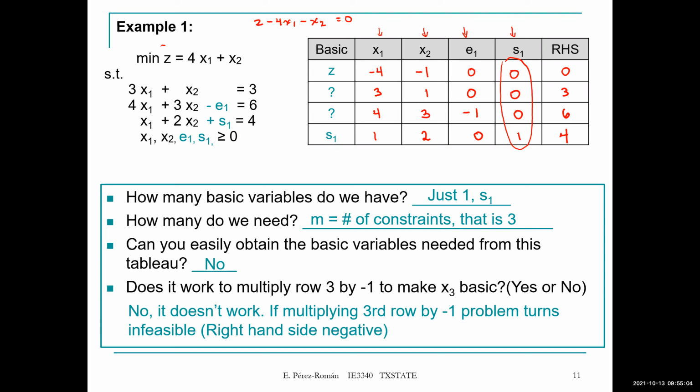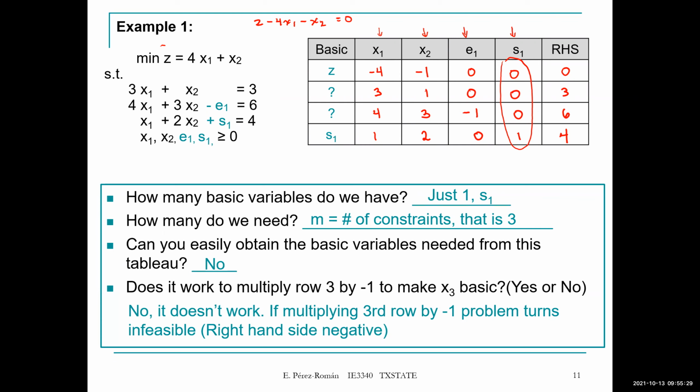So we only have one basic variable, we need 3. And that's what this new method for generating artificial variables is going to help us with, to get those basic variables that we need to find an initial solution.